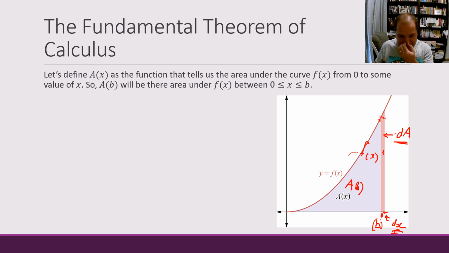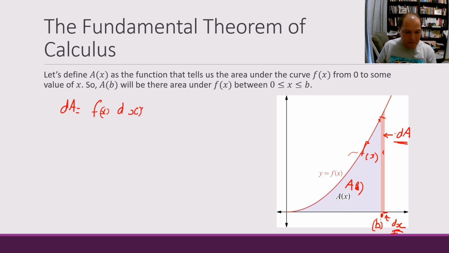So that height is going to be f of x. Now, how we can write that is my very, very small area, dA, is going to be equal to f of x, the height of my rectangle, times dx, my width.